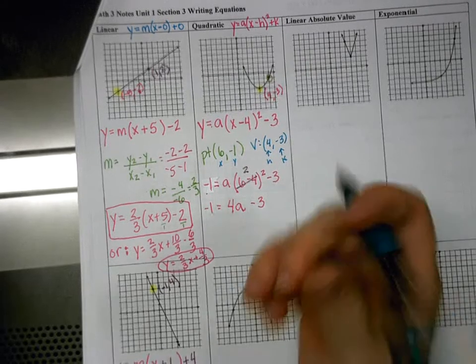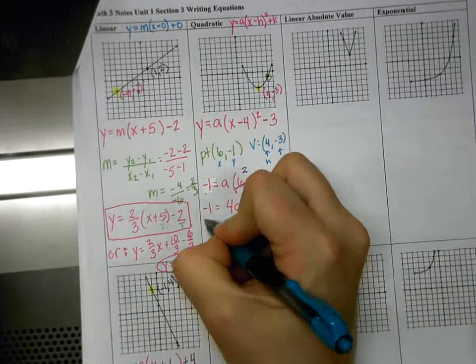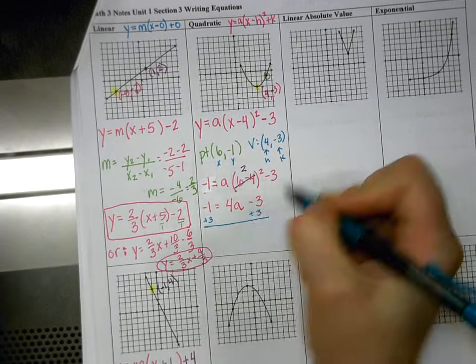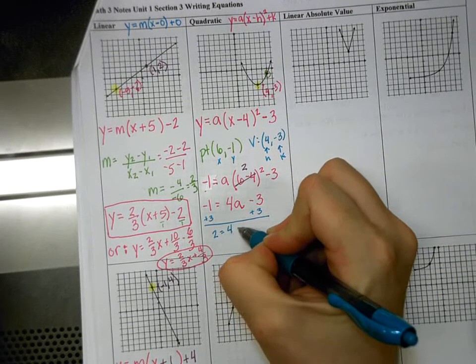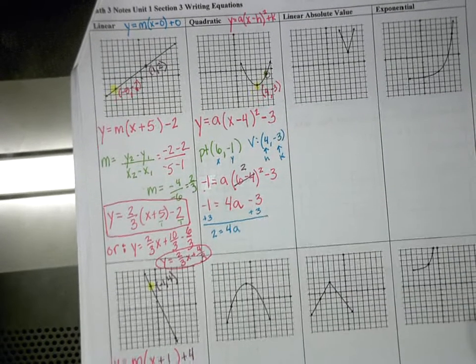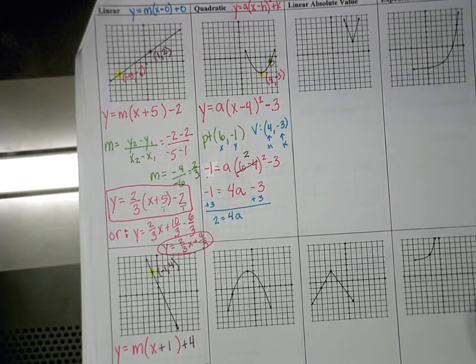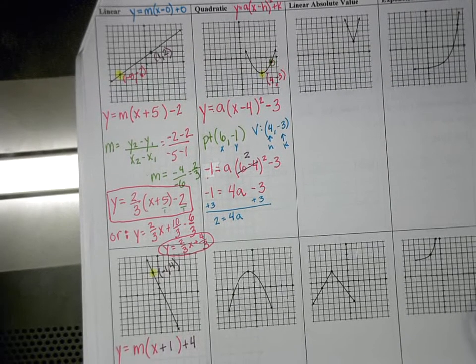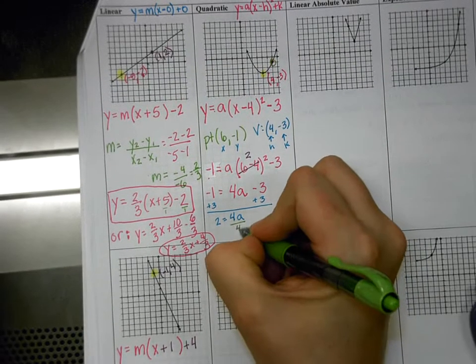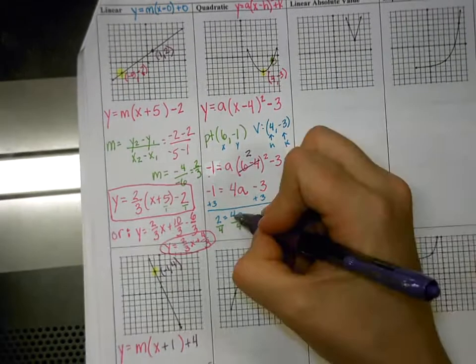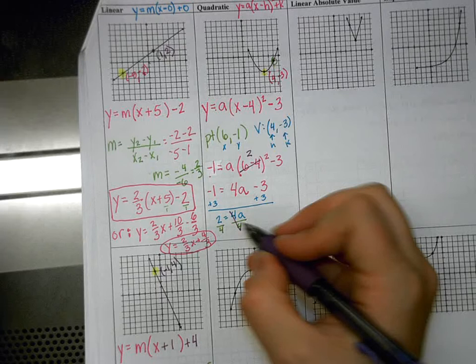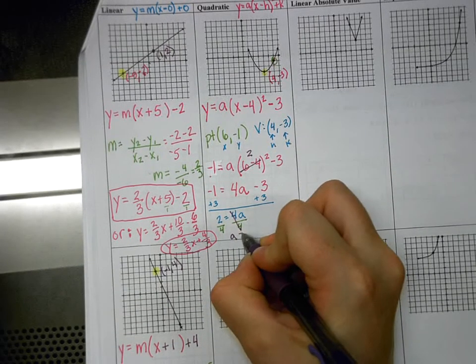Good. Add 3 to each side. -1 plus 3 is 2. Good. Divide by 4. So a equals 2/4, which reduces to 1/2.